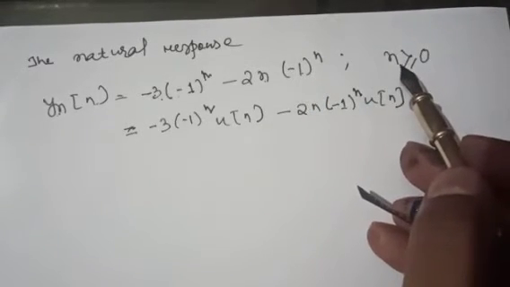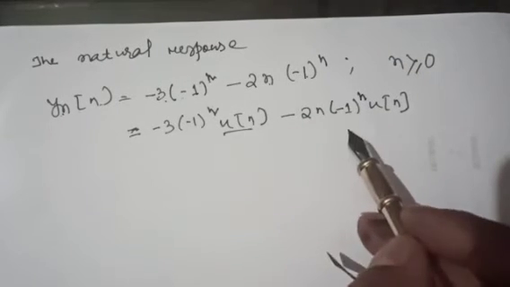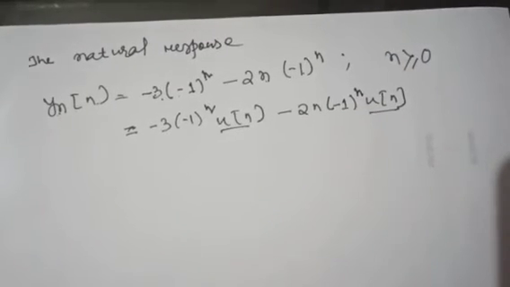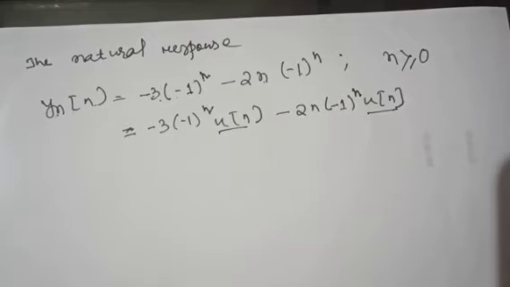Since it is n greater than or equal to 0, we can put u of n. So that is the natural response.